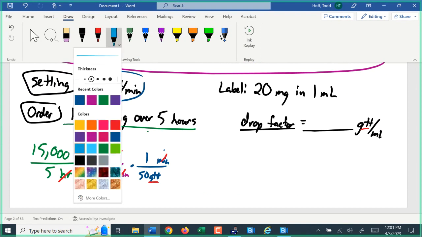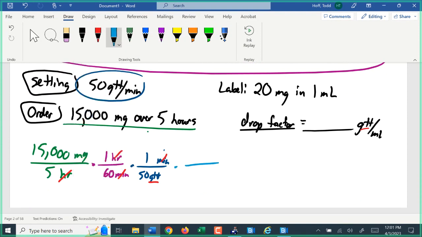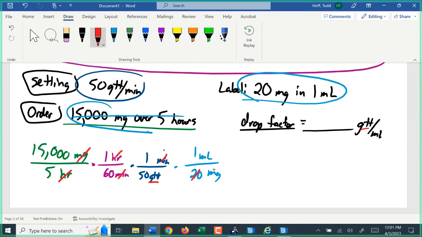Our next step, we want to get rid of the milligrams. So milligrams are on top. We're going to put it on bottom. We want this one here, 20 milligrams in 1 milliliter. So the milligrams will cancel. So on top here, we have 15,000 times 1 times 1 times 1 milliliter. That's just 15,000 milliliters.